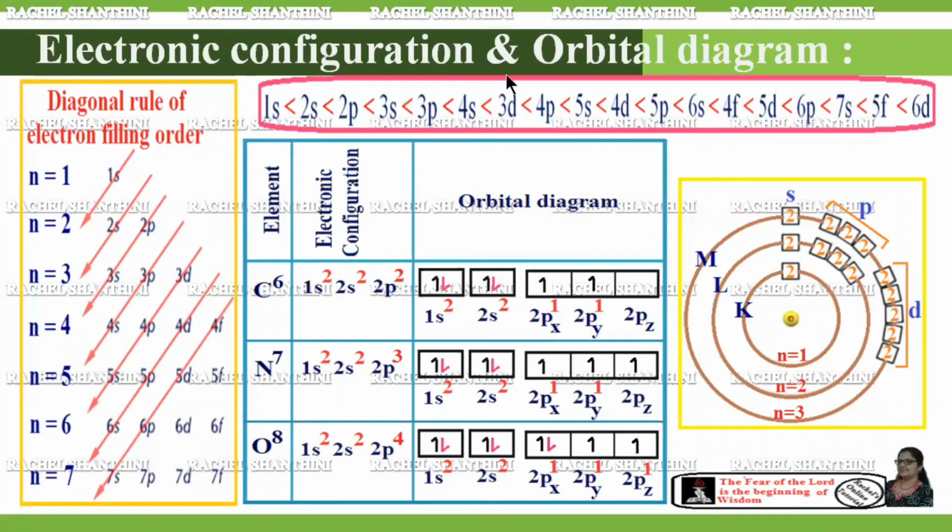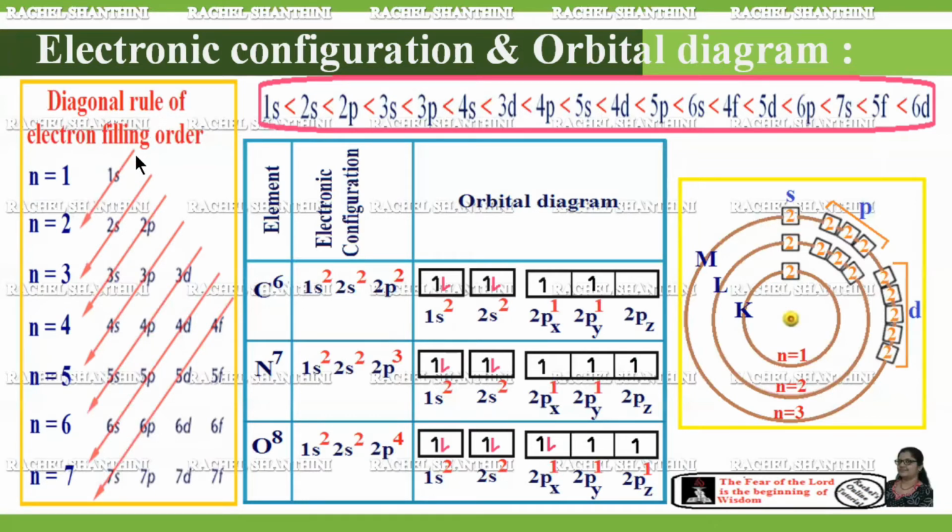Now let us write the electronic configuration of carbon 6, nitrogen atomic number 7 and oxygen atomic number 8. First let us write the electronic configuration of carbon, atomic number 6. To write the electronic configuration in the increasing order of energies, let us use this diagonal rule.